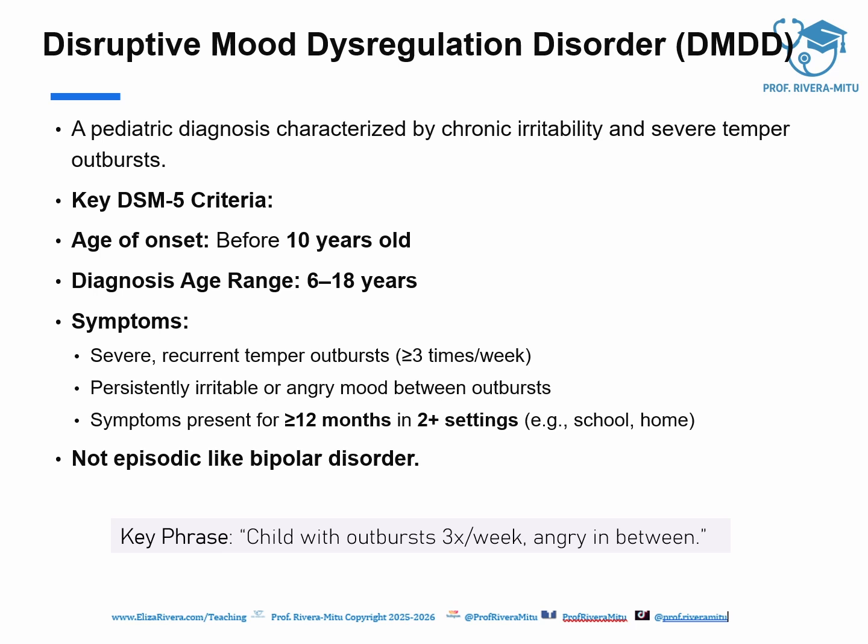These children are often misdiagnosed with ODD, ADHD, or bipolar disorder. For boards, remember this is not episodic. The irritability is persistent. The key phrase to remember is the child with outbursts 3 times a week and angry in between.